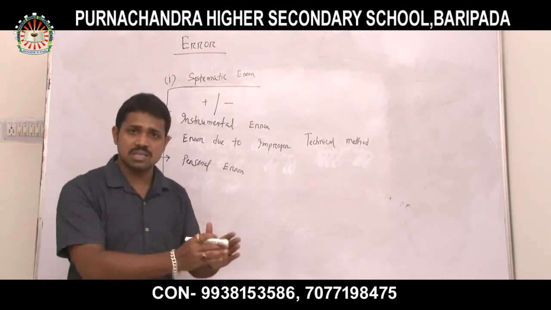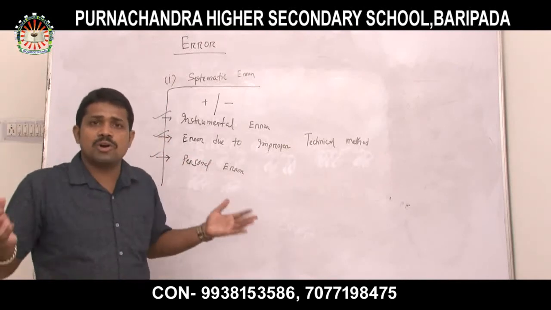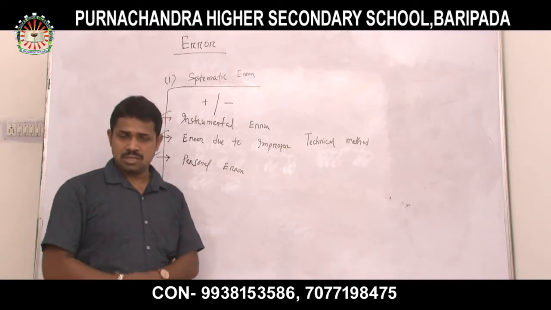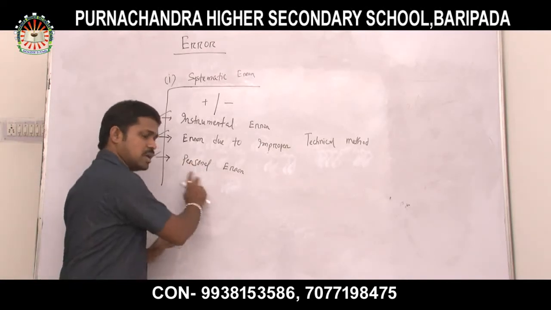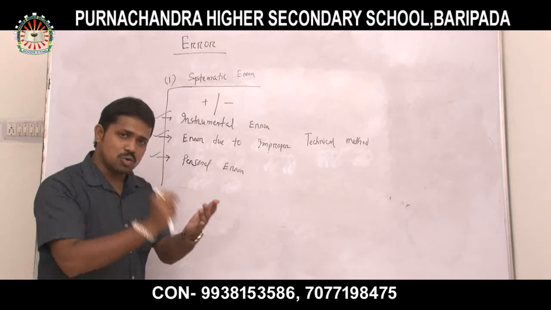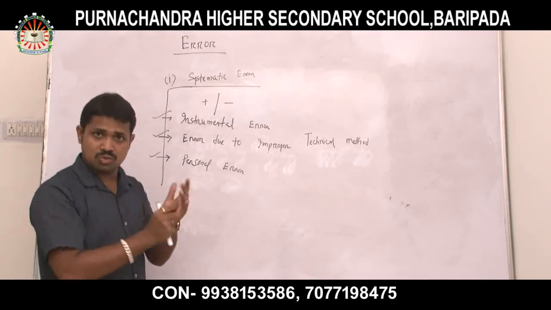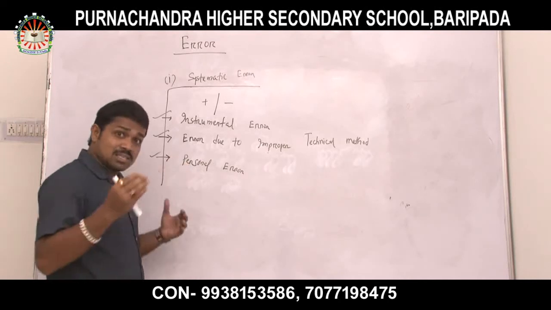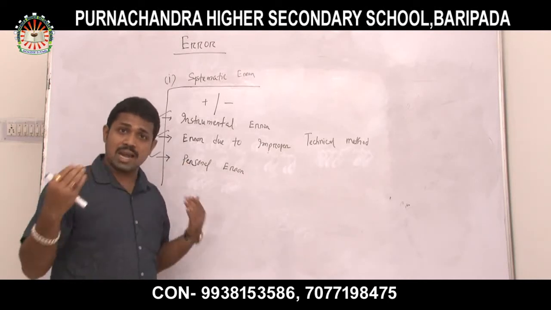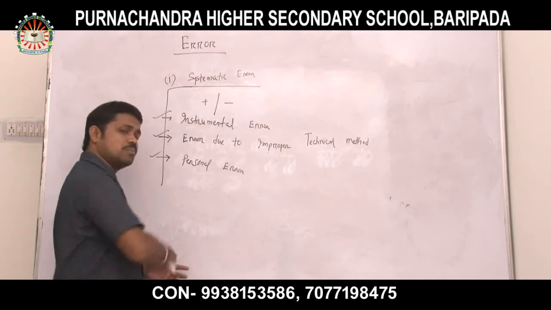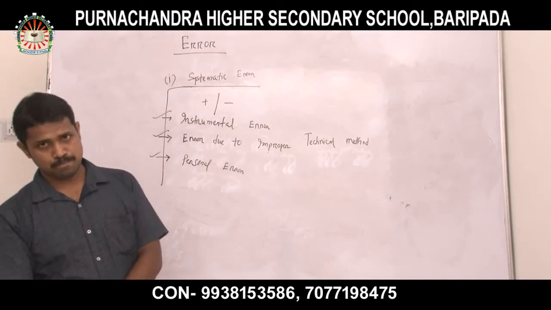Because the user does not know how to operate that instrument, whatever errors arise are called personal error. So the error arises due to personal biasing or personal misuse. Remember that word, misuse, or carelessness. Carelessness is a very important word. That type of error is called personal error.